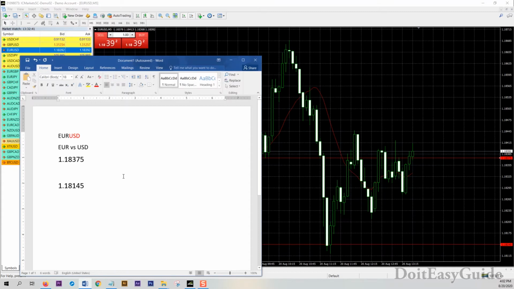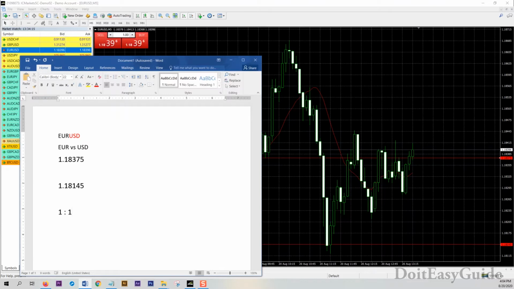Now let's try to digest this one. For example, let's say the value of Euro and value of USD are equal. Then Euro to USD value comparison would be 1 to 1, right?